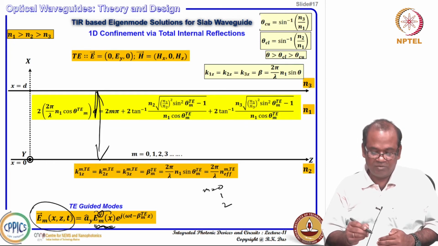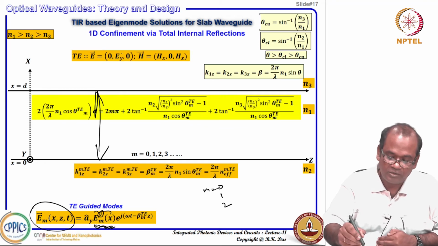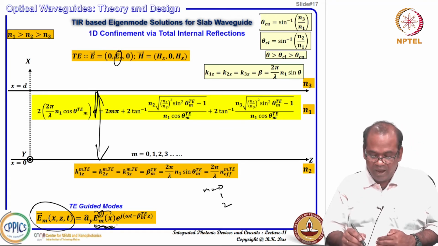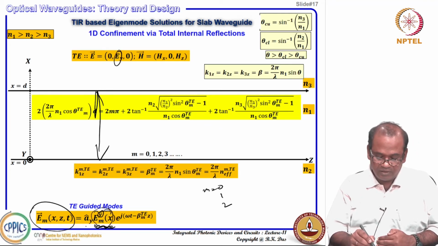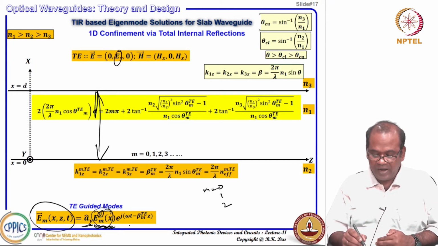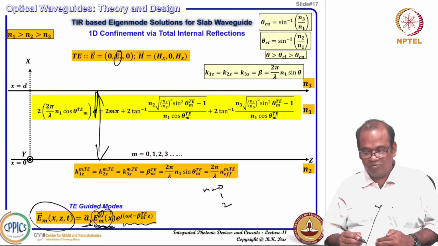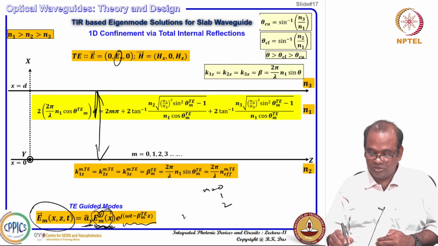This y is nothing but the y component for TE polarization, the vector is along the y direction, and this entire pattern will be propagating with a phase velocity omega by beta times z. So the phase velocity for the mth mode will be omega by beta m, for TE polarization.